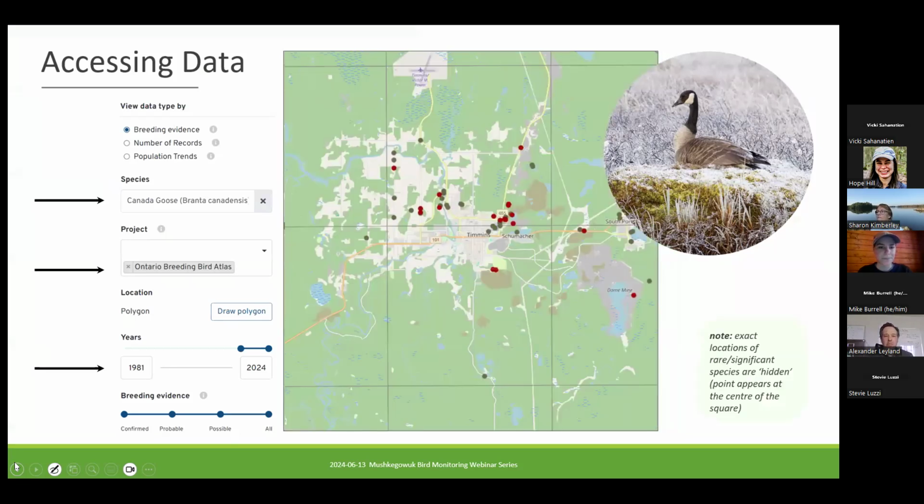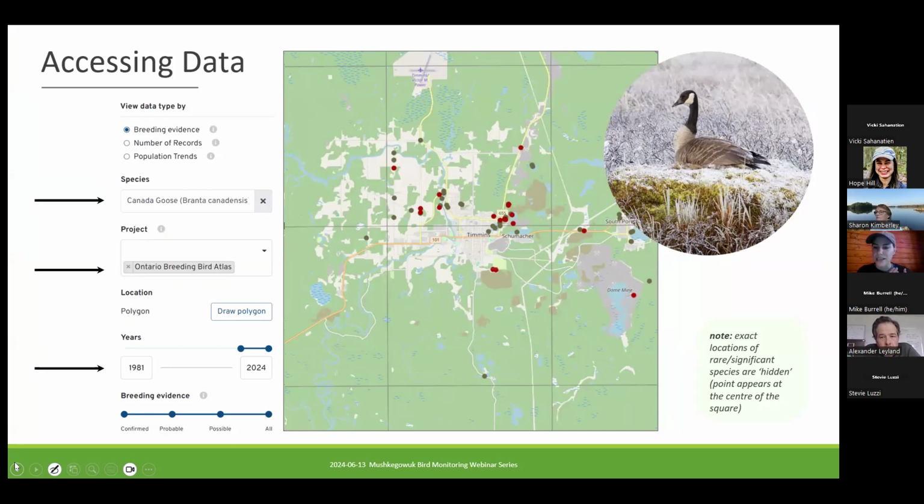Next slide. You can also zoom in all the way into a square. I've zoomed all the way into Timmins here, and you can see every record of Canada Goose that has been submitted for all three atlases. Each one of those dots is where a goose has been reported. I think the darker the color, the higher the breeding evidence, so it could be fledged young or so on.